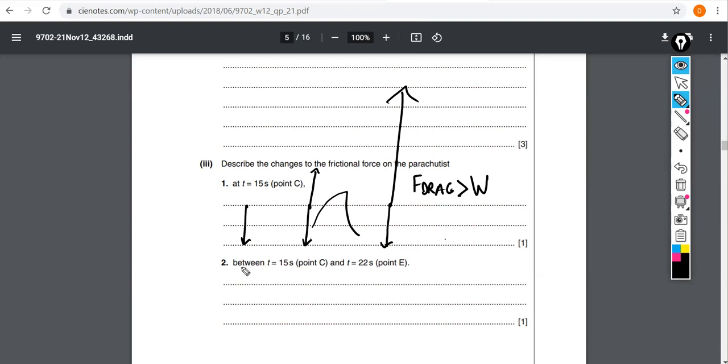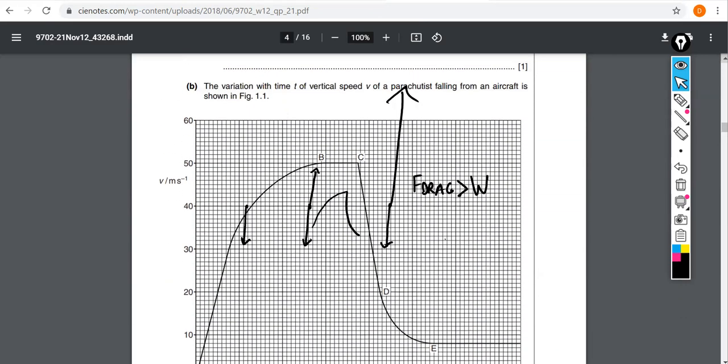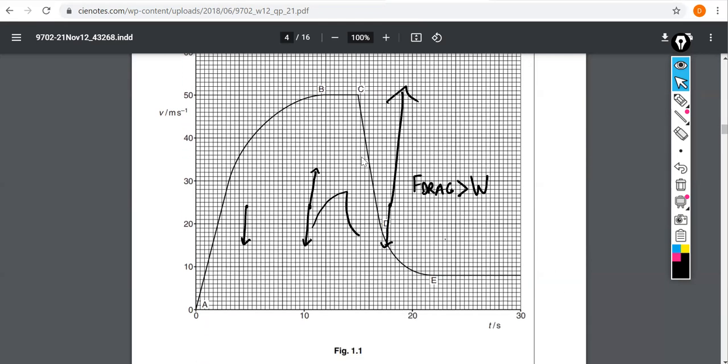And then it says what's going on between t equals 15, point C, and t equals 22, point E. We have the same kind of physics going on here, but just slowing down.